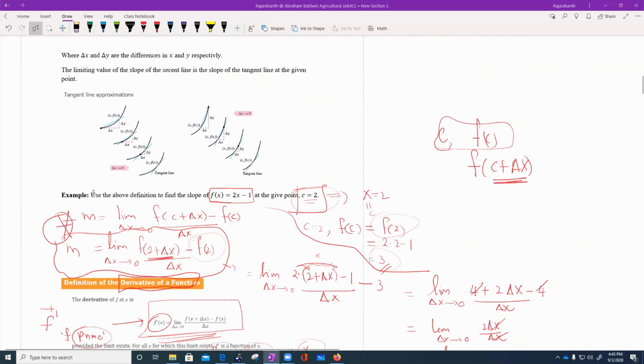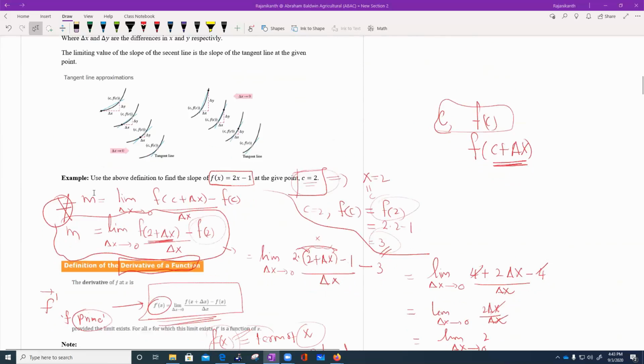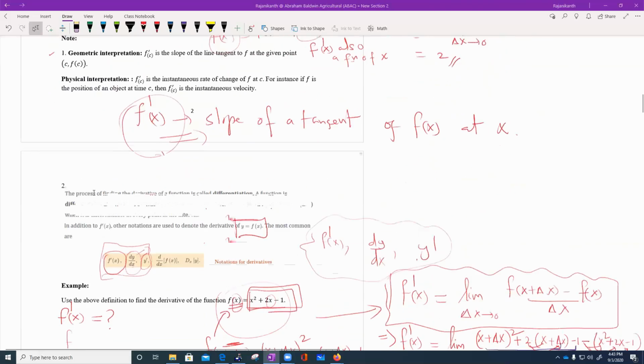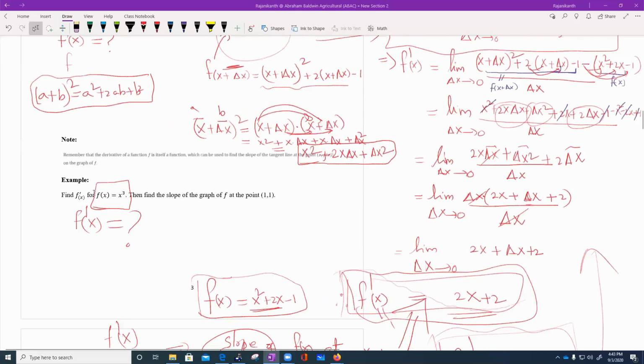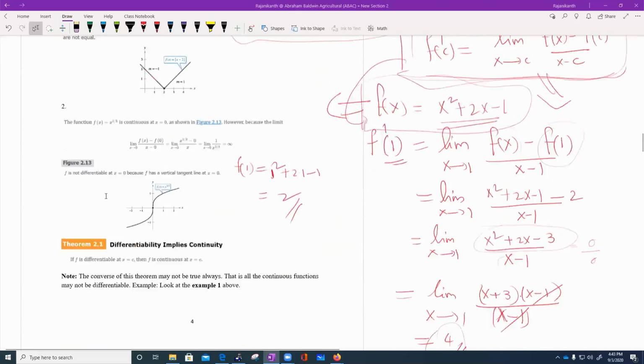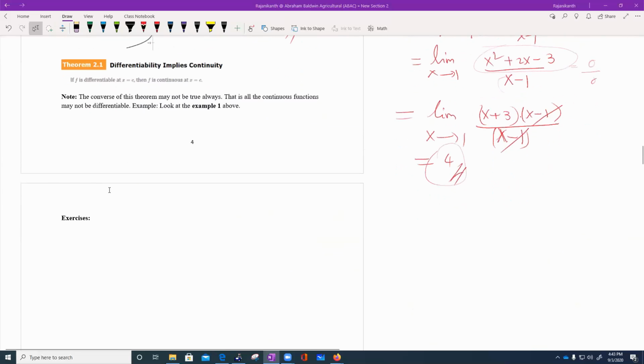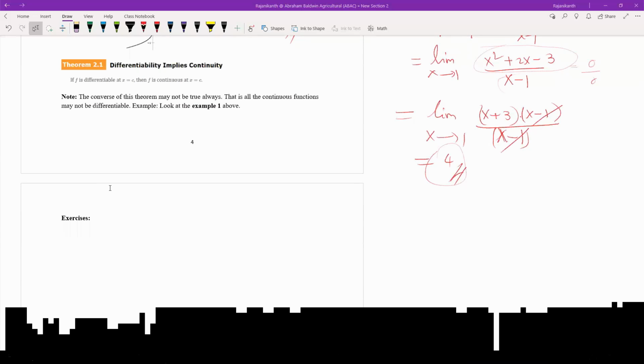Let me check my notes. If you want, I could include one problem, finding the equation of the tangent line at a particular point.